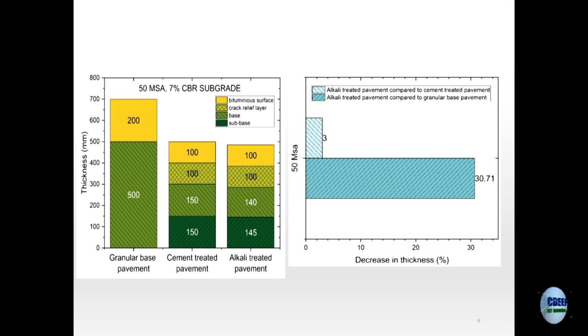For the granular base pavement the thickness is around 700 mm, and for the cement treated pavement the thicknesses are 150, 100 and 100. For the material that I have made, the base thickness is 145 and the subbase is 140, and there is one crack relief layer also, to reduce the direct impact of the vehicle loads. So these are the results.